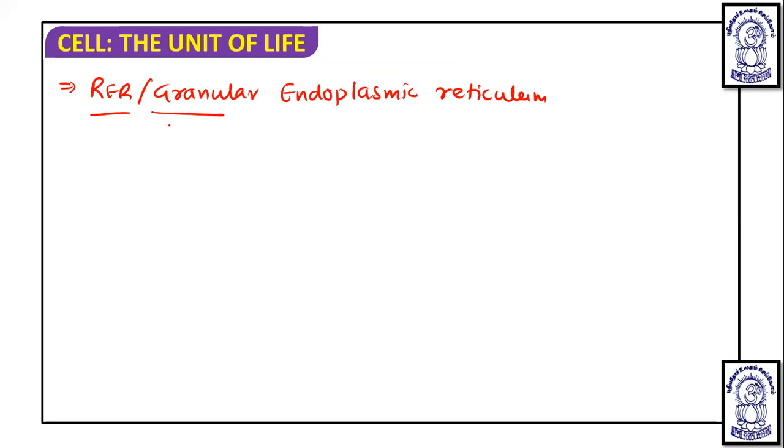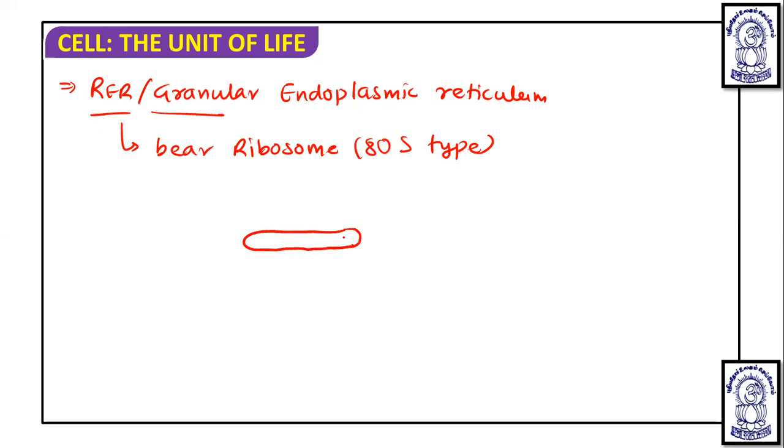Why is it known as granular? Because it bears ribosome, and this ribosome is of 80S type. So 80S type of ribosome is present over this. Suppose this is the ER cisternae, and if ribosome is attached over it, then ribosome is attached through its large subunit.